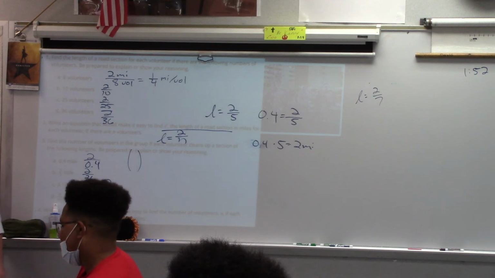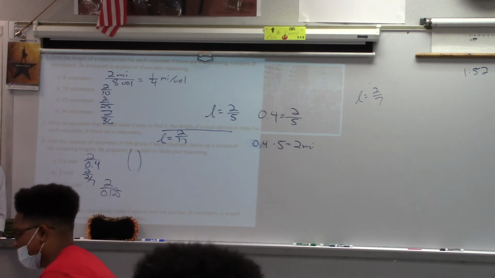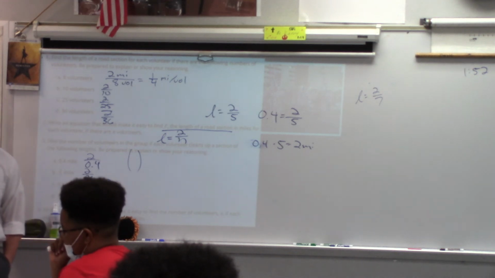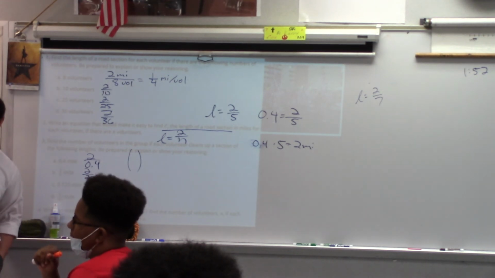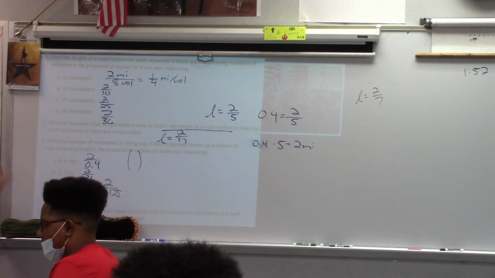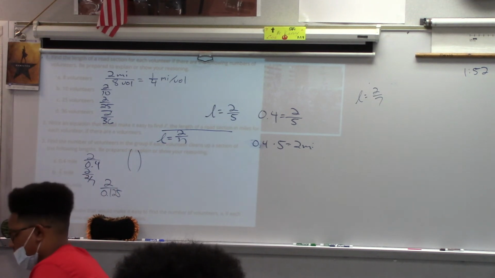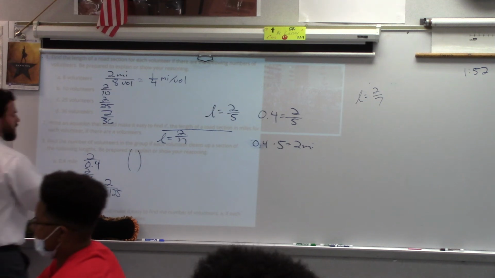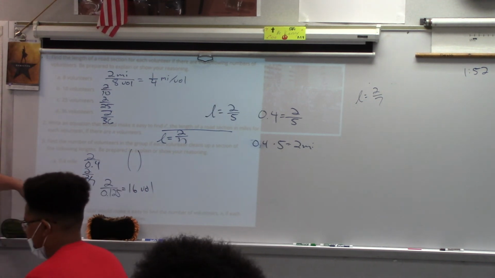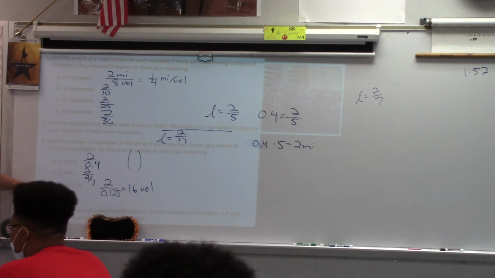I'm talking to you like you're not trying. I'm talking to you like you're intelligent, but you're not using that intelligence. That's the issue, that you can do it and you actively don't. So what is 2 divided by 0.125? 16. Yeah, I got that right there. And then what are we going to do with this last one?